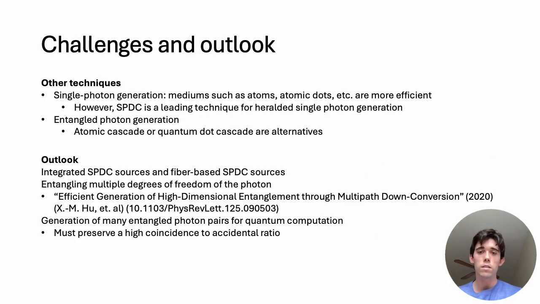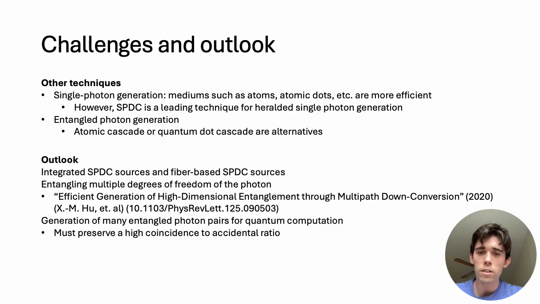Yeah, so in conclusion, spontaneous parametric downconversion is a leading technique to generate entangled photons. For generating single photons, other techniques such as emission from atoms or quantum dots are more efficient. However, SPDC does have a use case for heralded single photon generation, in which one of the photons from SPDC will hit a detector first and alert the experimenter about the arrival of the next photon.